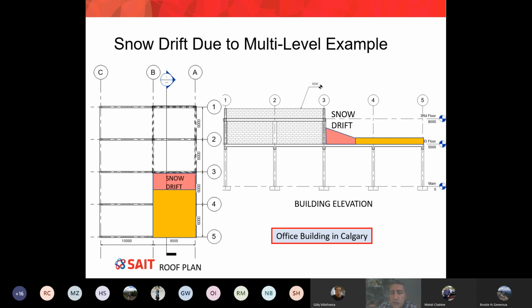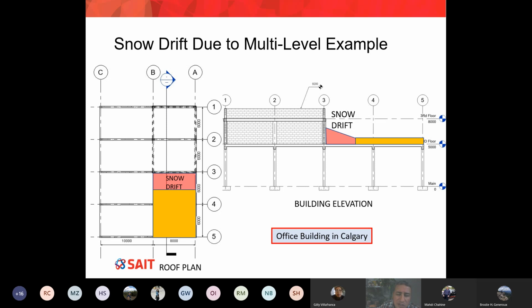And then finally, I put a spot elevation here between grid line 2 and grid line 3. I'm not sure, it's not very clear on my screen, but probably when you download the file, you will see it better. So there is a spot elevation which I added between 2 and 3. Anybody can see this number?